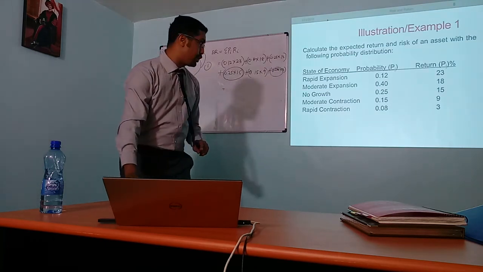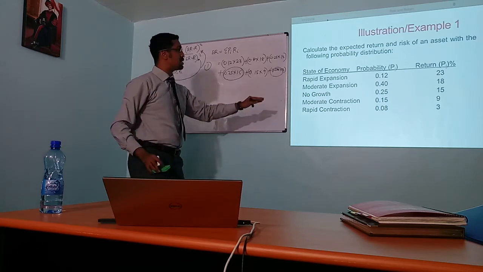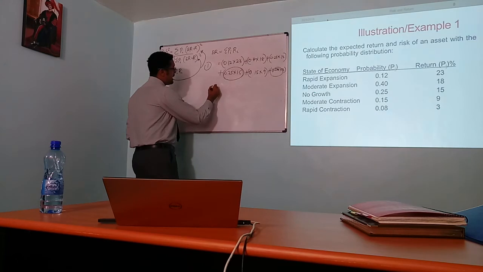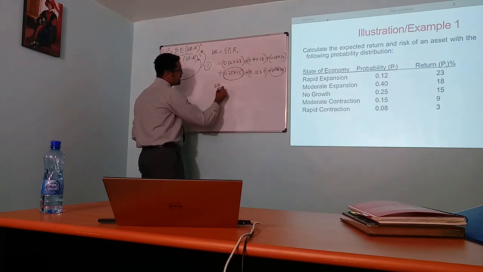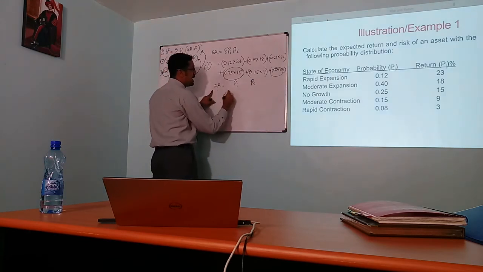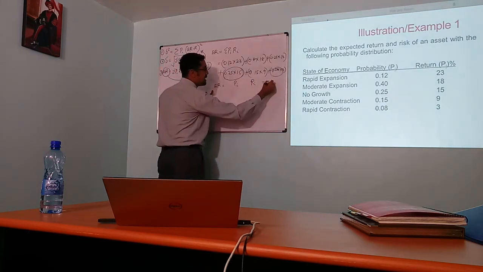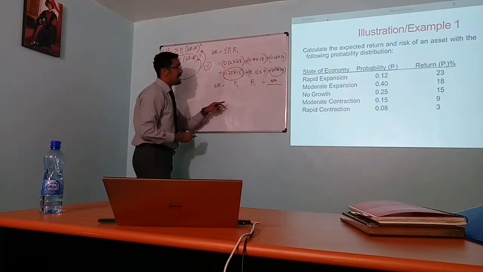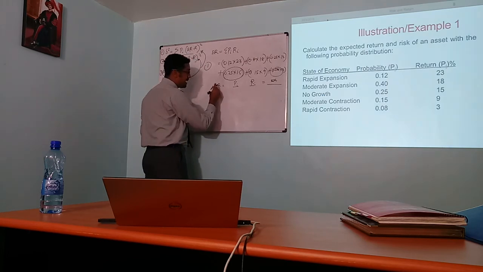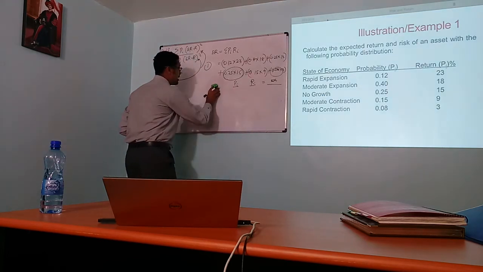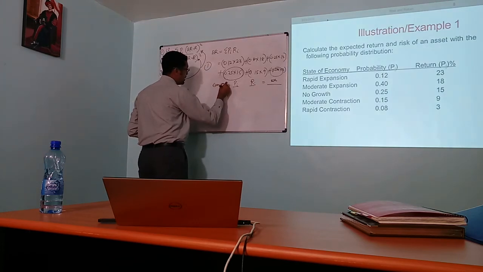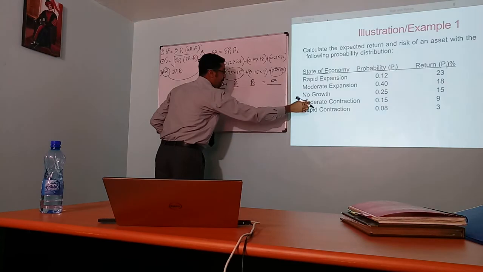So the best approach is actually to have it in columns, the columnar way. The formula is given as ER equals the summation of Pi multiplied by Ri. For us to get the ER, you have it as a column at the end. You are given the probabilities. For the first column we can write economic state: 1, 2, 3, 4, 5.